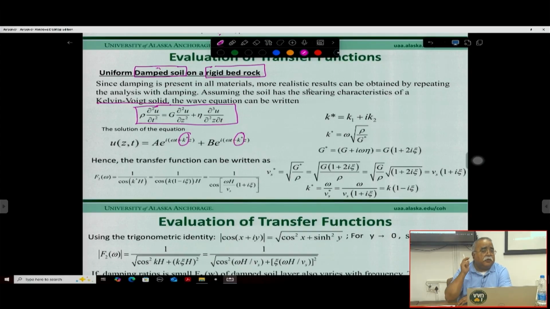This is your k star, so it is a complex number now. Earlier we used the actual value because there was no damping, but now it is basically a k star. This k star is what we call the complex wave number.